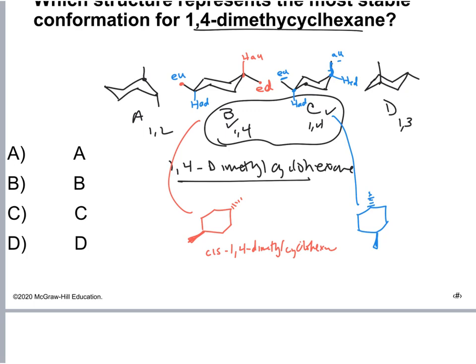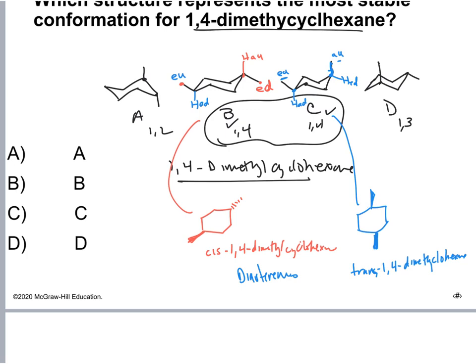I think I did that wrong, didn't I? They're both up. So up and up would have to be both wedges. So this is the trans 1,4-dimethylcyclohexane. So these are going to be diastereomers.